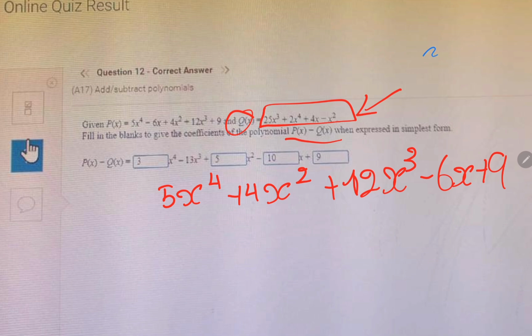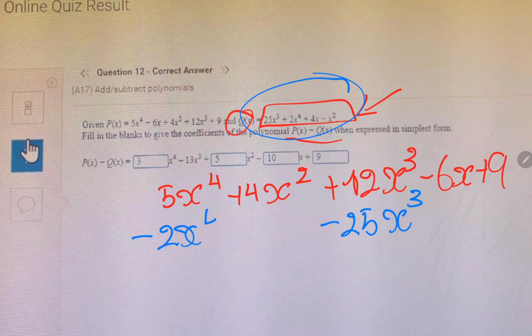Now we said we're going to change all the signs of this one. So for 25x to the power of 3, we put it under the 12x to the power of 3, and we change the sign. 2x to the power of 4, we change the sign and we put it under 5x to the power of 4. 4x, we change the sign and we put it under 6x.